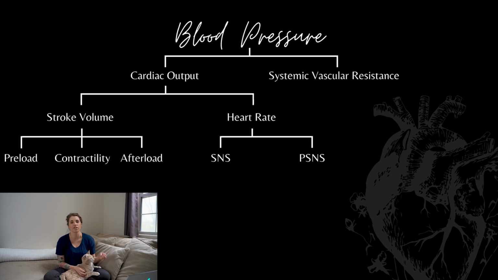Understanding stroke volume can be a really difficult concept, but we're going to try to break down the determinants of stroke volume, which are three categories: your heart's preload, your heart's contractility, and your heart's afterload. Preload is the amount that your ventricle is stretched during diastole.